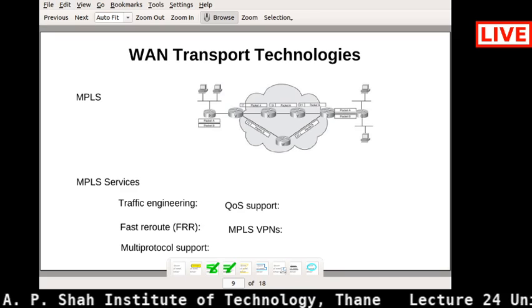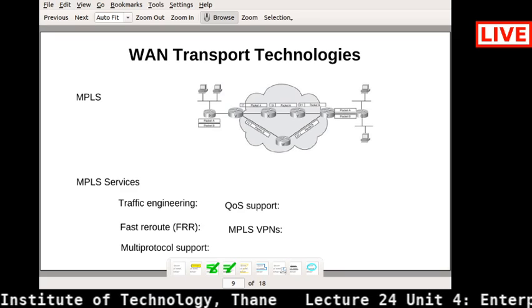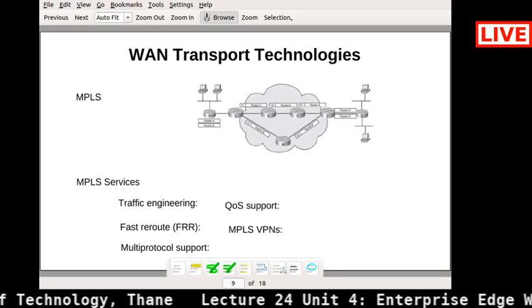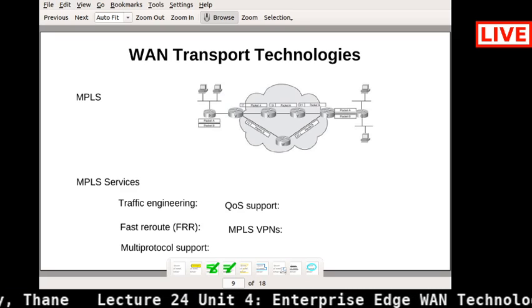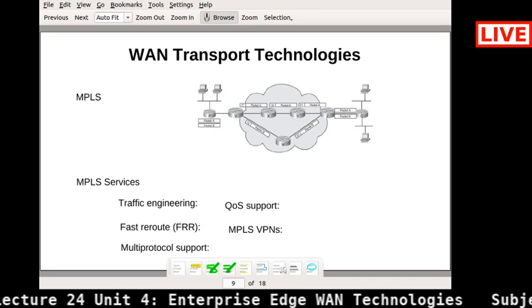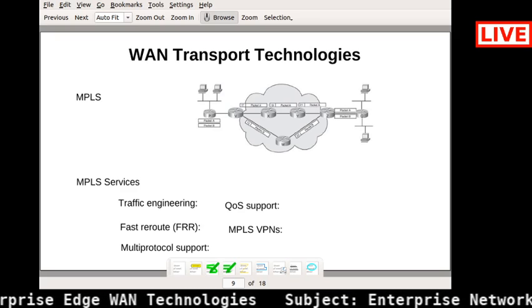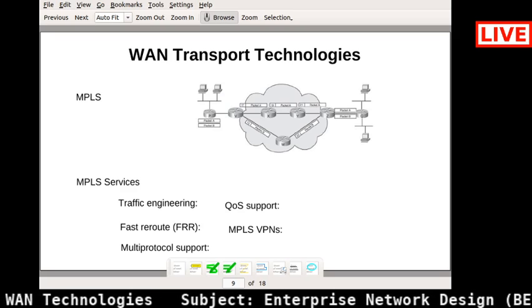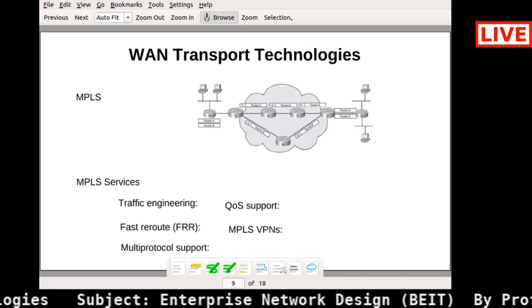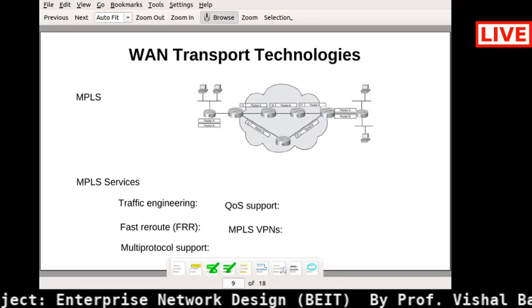Whatever path the routing protocol defines, MPLS can use a different path. MPLS has this ability to define routes and resource utilization, so it is called traffic engineering.